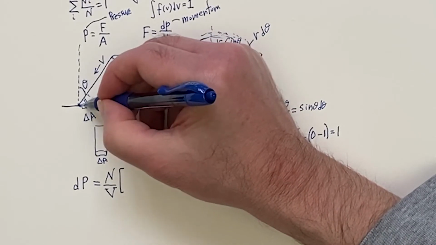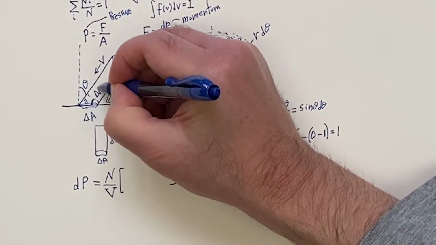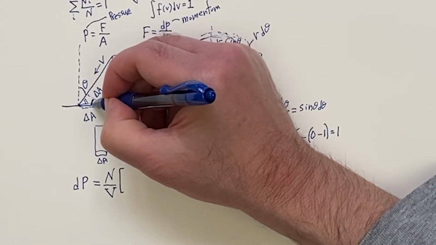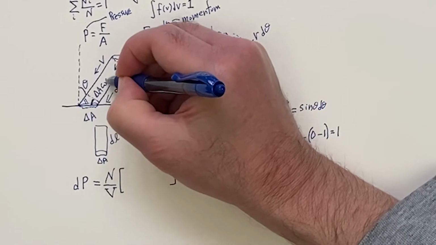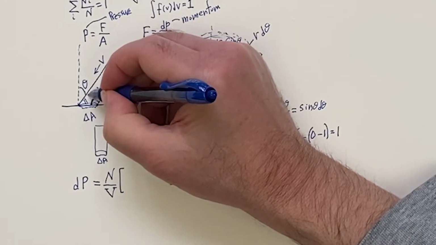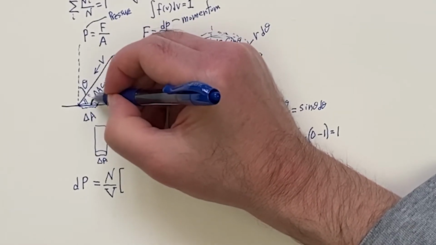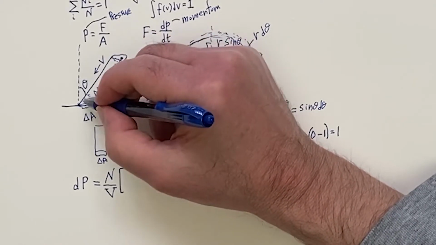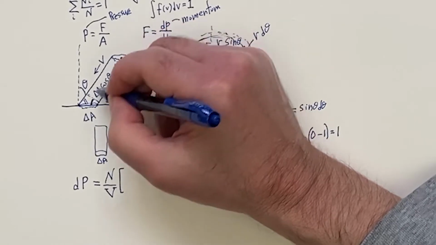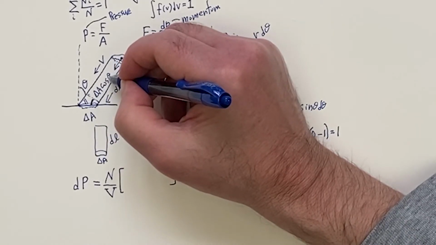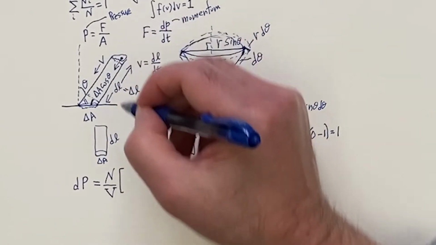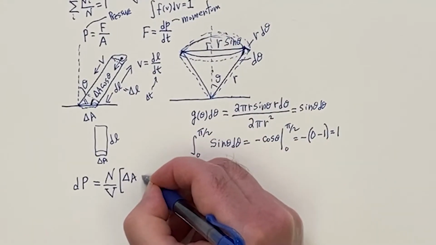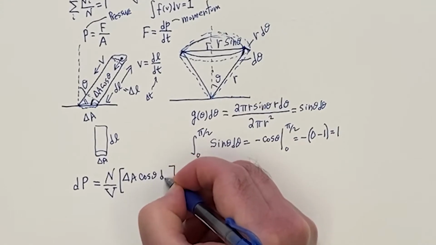And if you take the delta A and you go with the cosine, that's going to get you the area that's relevant. If you bring this theta to 90 and flatten it out, then there is no area, and the cosine of 90 is 0, so that checks out. So therefore you want delta A cosine of theta dl.